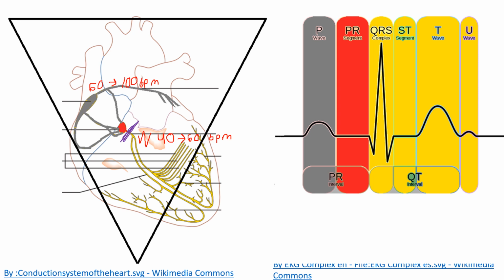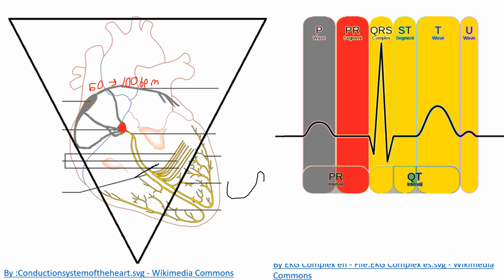Well, one of the things is you might have a block somewhere else in the heart, right? So that's if the blockage is right here. Well, what happens if the blockage is lower down? Well, if the blockage is lower down, let's say the blockage is right here, we're not generating a normal P wave, normal QRS.